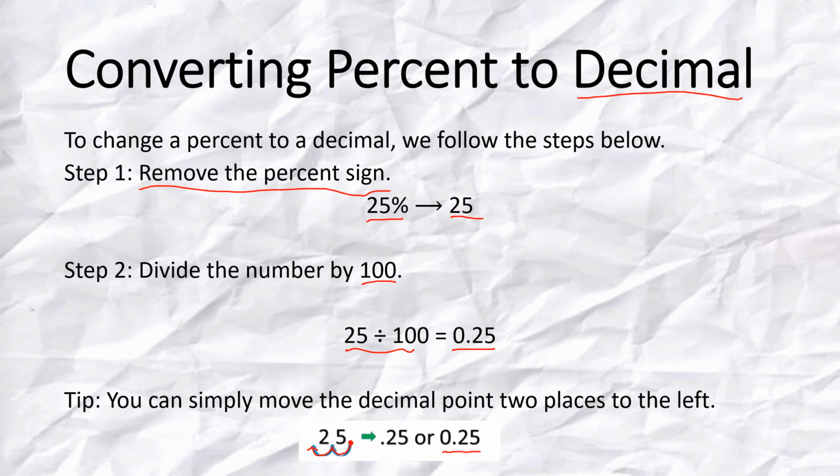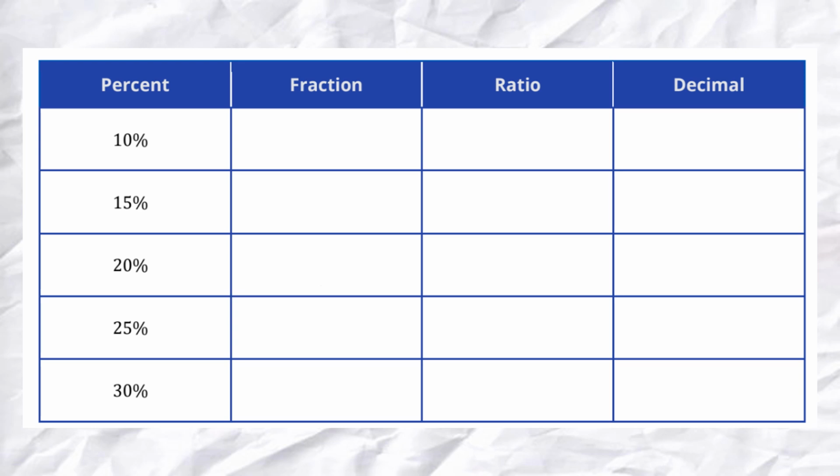Let us do the following exercises. On the first one, the one that is given a while ago, we have 10%. In fraction form, it is 10 over 100. And we divide this to simplify by their GCF, which is 10. So we now have 1 over 10. In ratio, we will get the simplest form of the fraction of 10%, and then we just write it as 1 is to 10.